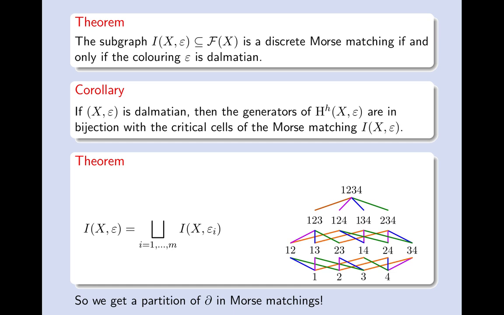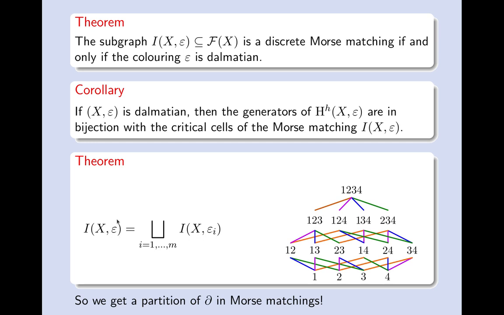Here we have a, for me, quite surprising and really simple answer. If we have a general bicolored simplicial complex X, its induced subgraph in the face poset with respect to the coloring epsilon is just the disjoint union of all elementary colorings contained inside epsilon.